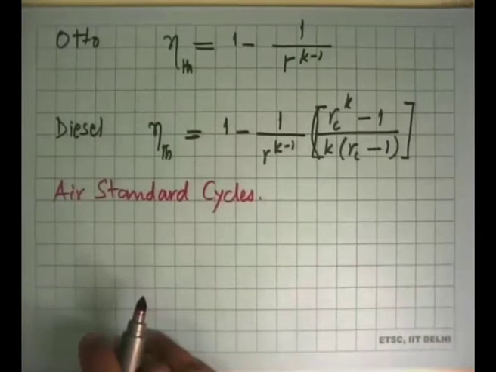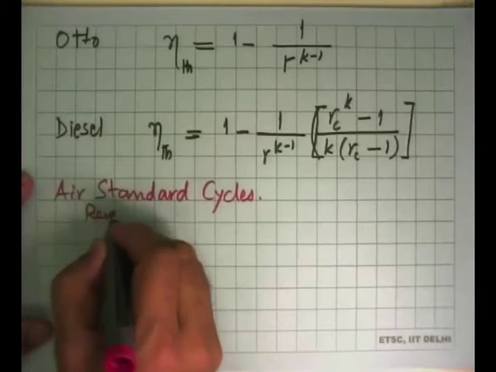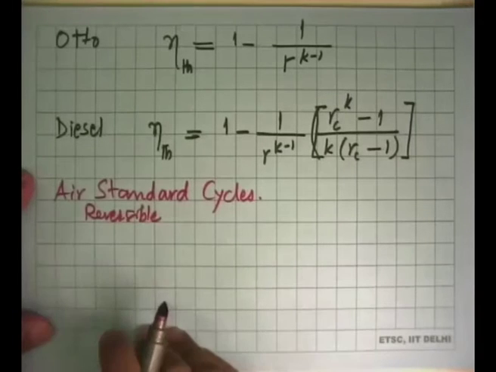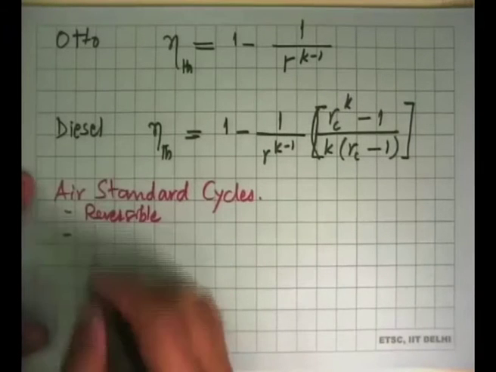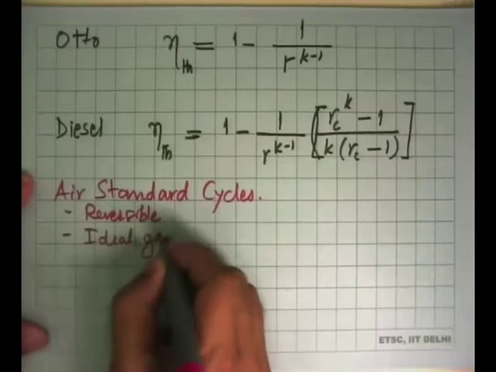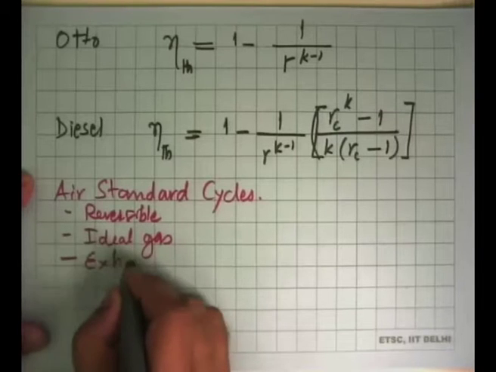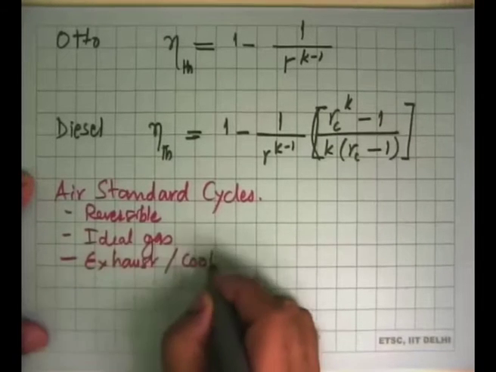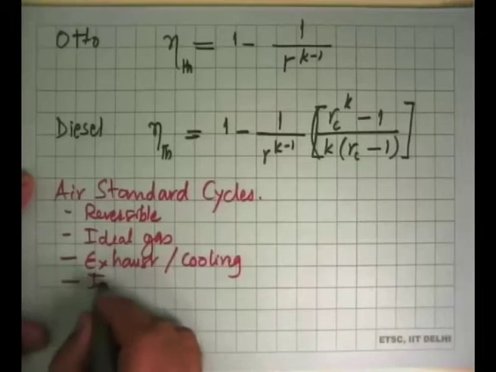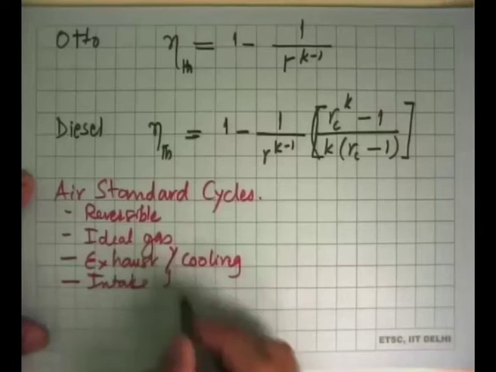Firstly, these are all reversible. And we said yesterday that the working substance behaves like an ideal gas. We made a differentiation between what happens at the exhaust versus the cooling process. The cooling process is replaced by exhaust and by the intake.